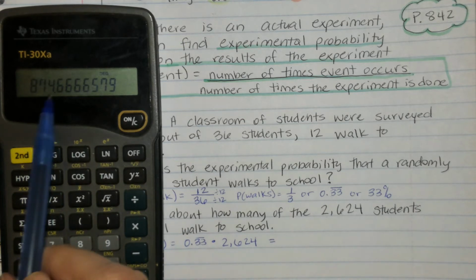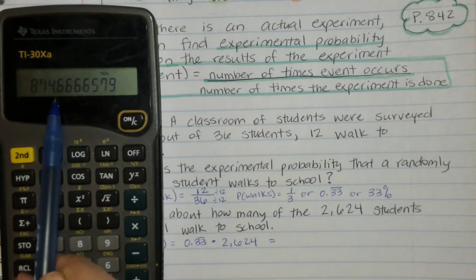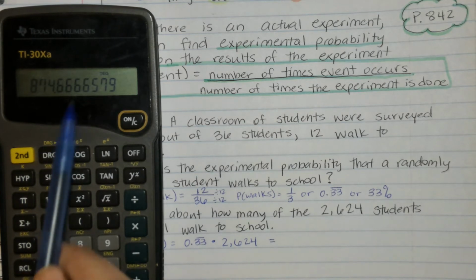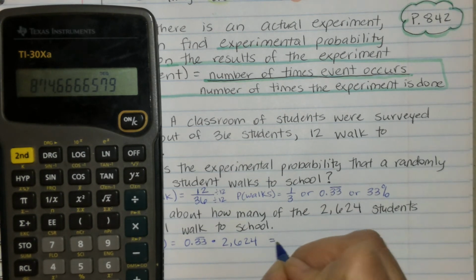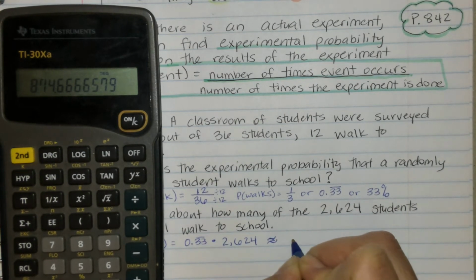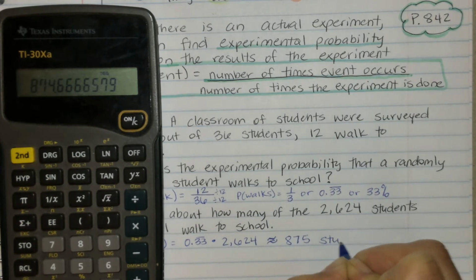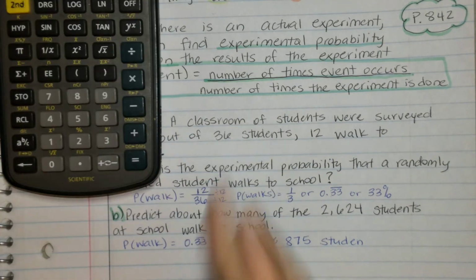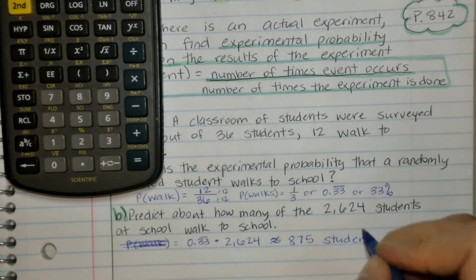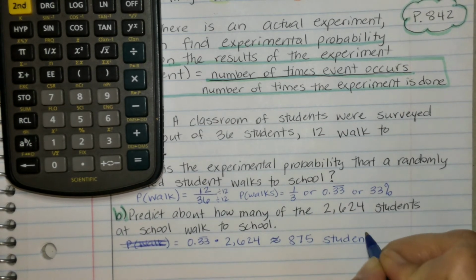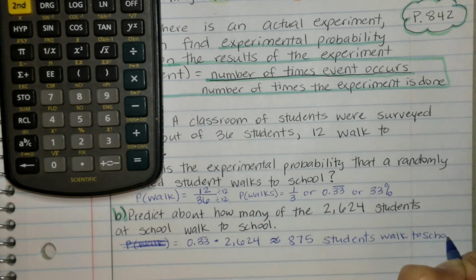There's no 0.66 of a person, so I would either round up or down to the nearest student. I would go ahead and round up, since 0.6 does round up. So approximately 875 students. Actually, that's not probability, it's just the number of students who walk. So approximately 875 students walk to school.